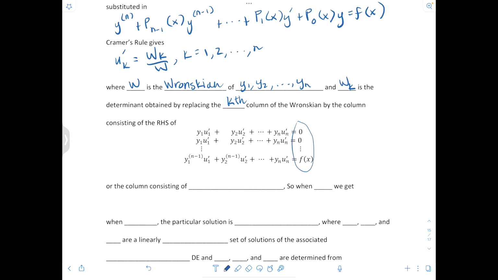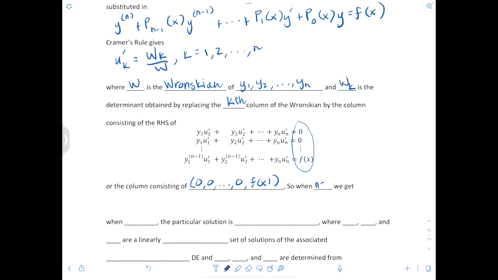So all of this stuff. Or think of the column consisting of 0, 0, dot dot dot, 0, and then f of x would be that last bit.